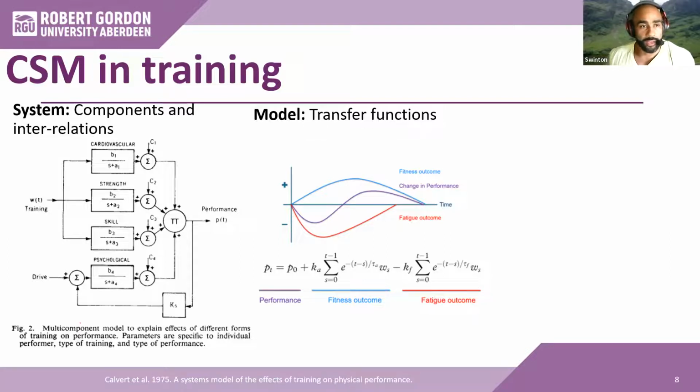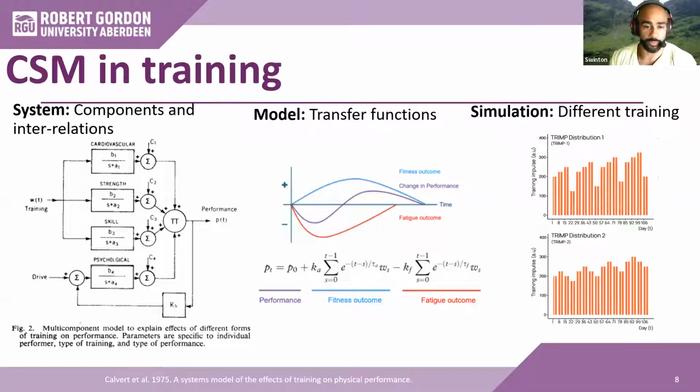So in fitness and fatigue modeling, what we try to do is develop parameters that describe the response of an individual athlete to training. And once we have those parameters, we can then perform simulations. So a common simulation approach is to take our parameters and a new training program and predict how the athlete would respond to that training program.